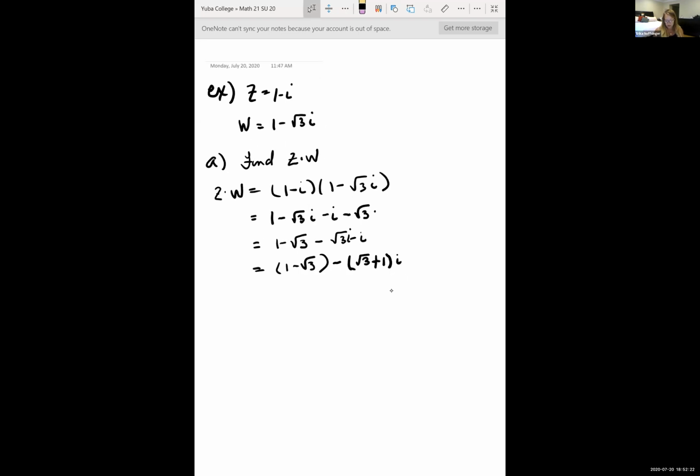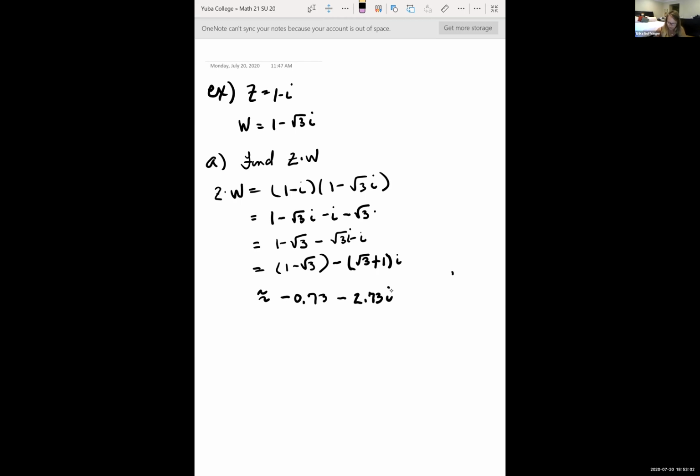I also want to show you this with graphing. If we did 1 minus square root of 3, let me give you an estimate of where we would graph this complex number on the rectangular coordinate. 1 minus square root of 3 gives us negative 0.73, and then minus root 3 plus 1 is negative 2.73 i.